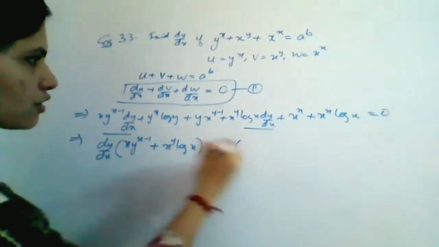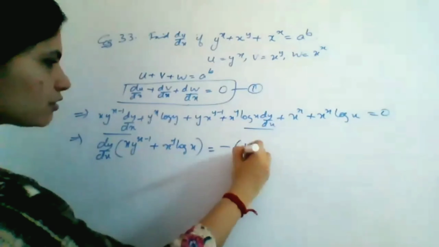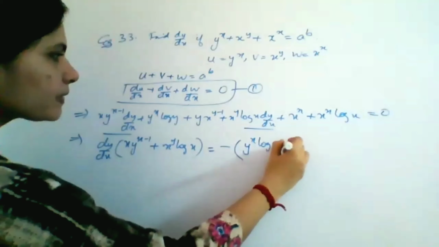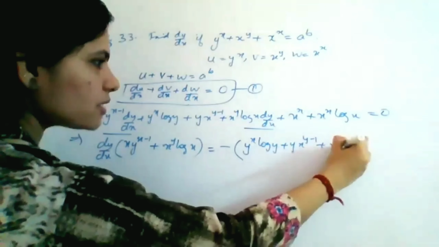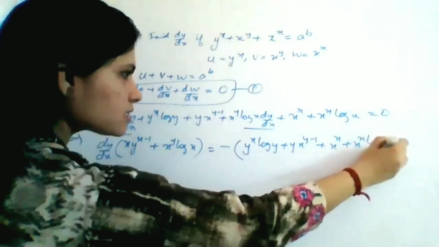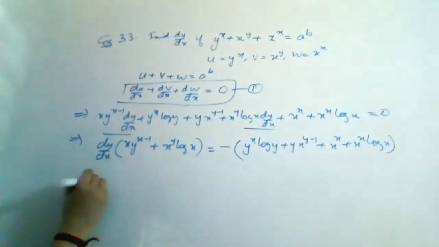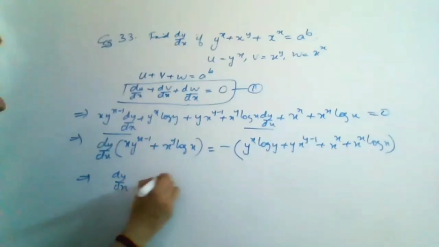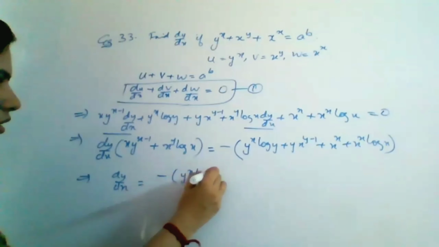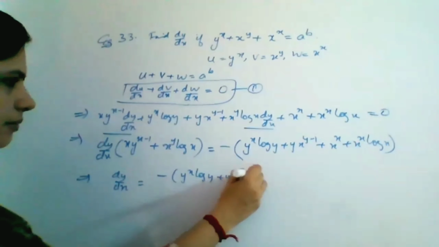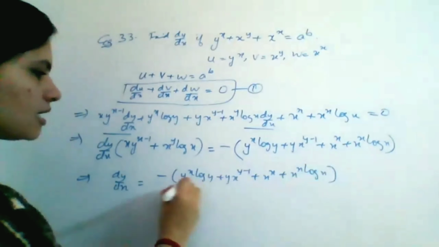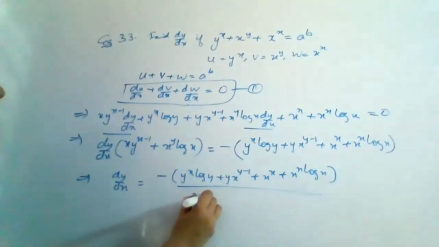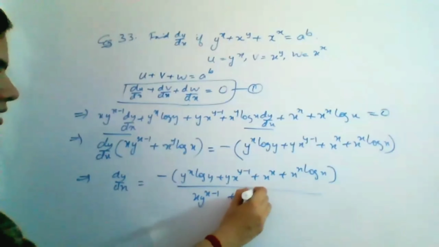Since they are plus, we take the minus of y raised to x log y plus y into x raised to y minus 1 plus x raised to x plus x raised to x log x. That means you will get your dy by dx as minus of y raised to x log y plus y x raised to y minus 1 plus x raised to x plus x raised to x log x divided by x y raised to x minus 1 plus x raised to y log x.